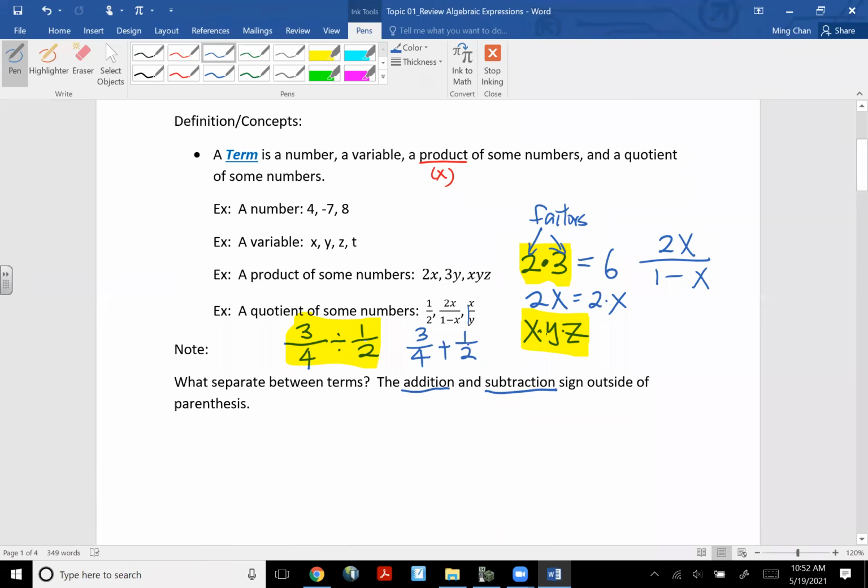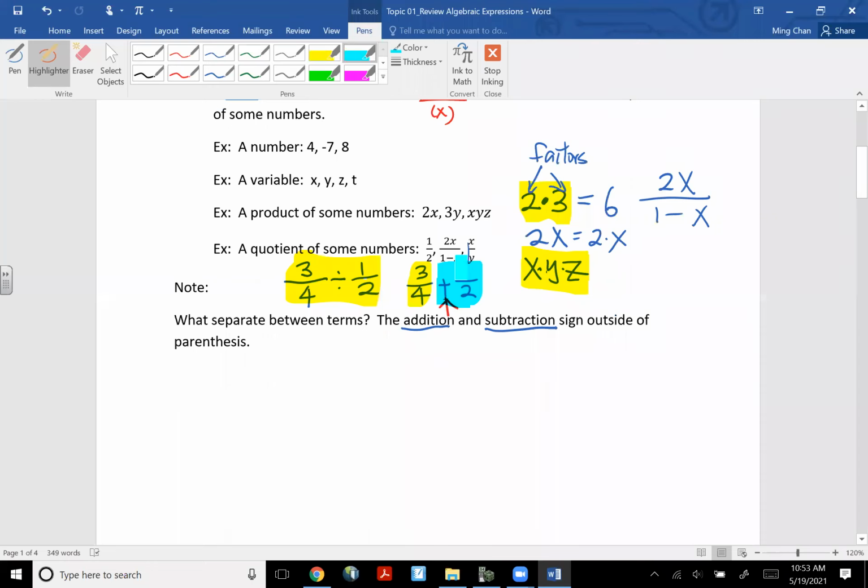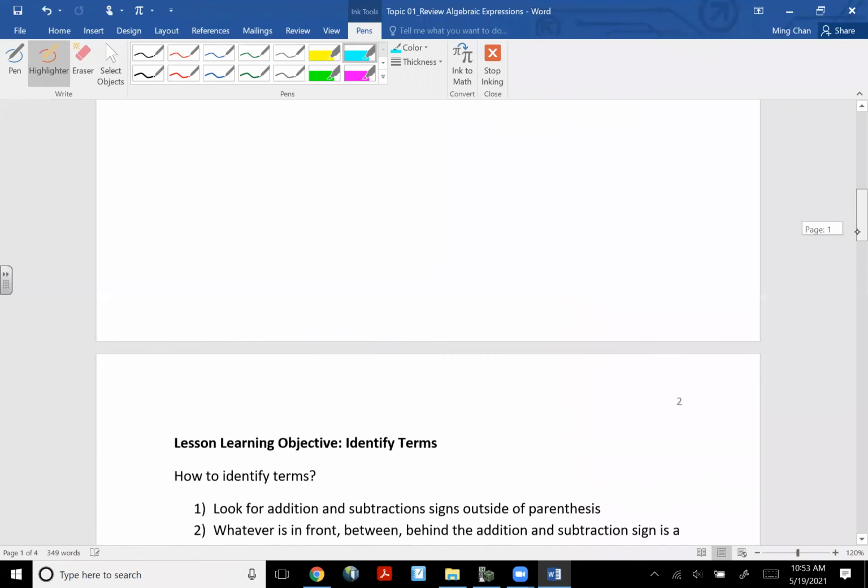So 3 over 4 plus a half, I say is two terms because here I have an addition sign outside the parentheses. What's in front of and what's behind this addition or subtraction sign is going to be one term. It's just that the addition sign will go with the term that follows. So that problem has two terms.